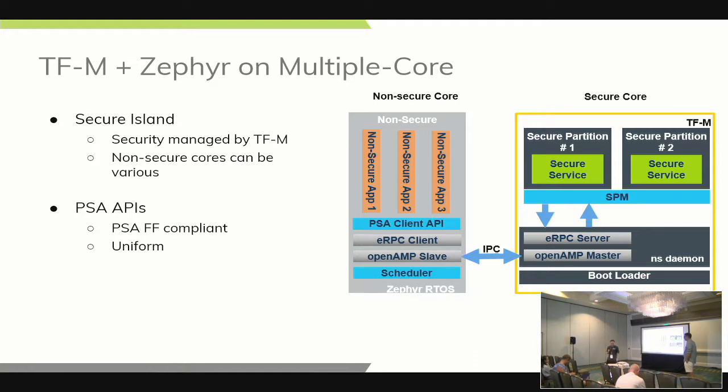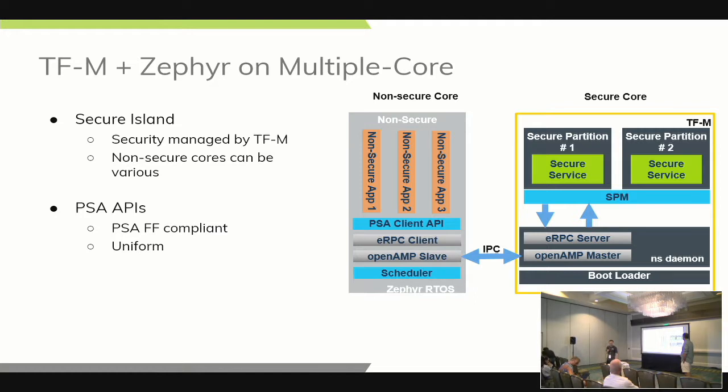Besides, the secure CPU can be M33 or any M-profile core. Each scenario will rely on the secure features of TF-M. TF-M acts as a secure island to protect all sensitive information in the system.